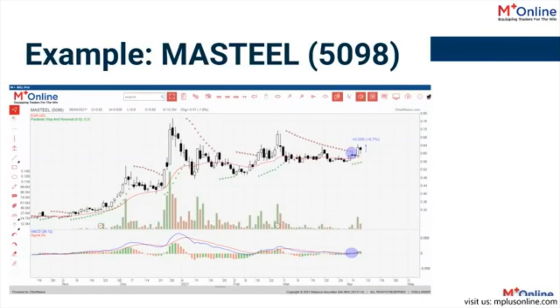Alright, so the thing is that simple. And Hongji is asking whether you can buy when the MACD crosses below the zero line. You can see the example that I was sharing with you guys just now.